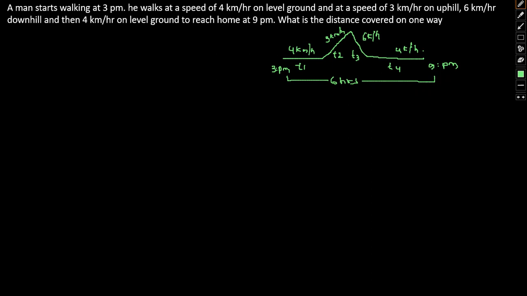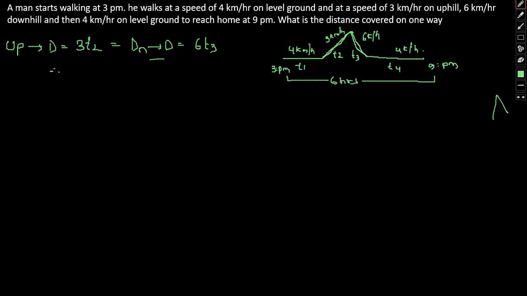Now one thing we can note here is that the distance he travels uphill, meaning this part, and downhill will be the same, because any peak will have similar distances altogether. Therefore the distance traveled uphill, distance will be speed into time, so 3 into t2 will be equal to the downhill distance, that is 6 into t3.